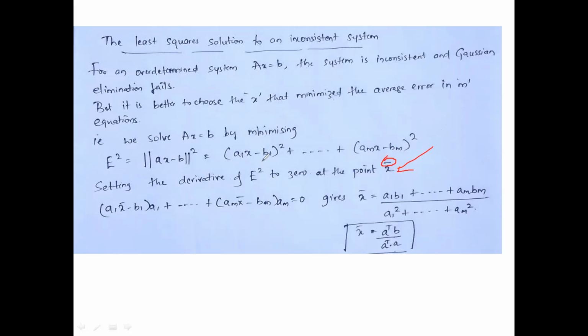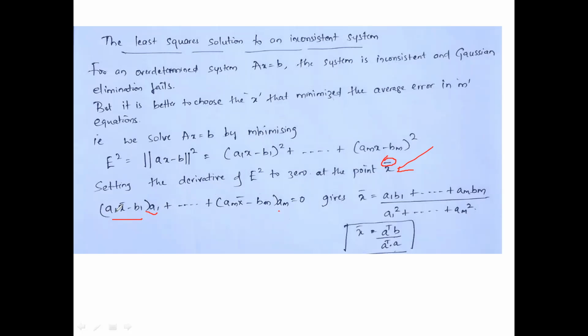Now imagine you set the derivative of the squared error to 0. You get a 2 here, then (a1 x minus b1), and differentiating gives an a1 here, and am here. This term remains inside the bracket, and the 2 cancels out. Now see here, a1 multiplies a1, a1 multiplies x, a1 multiplies b1, and so on.